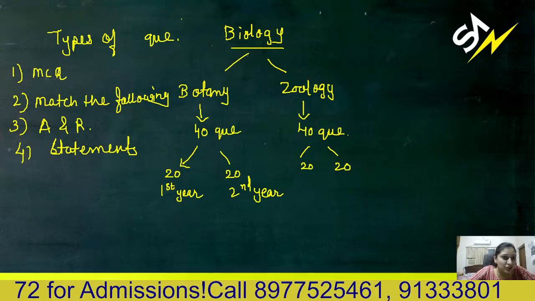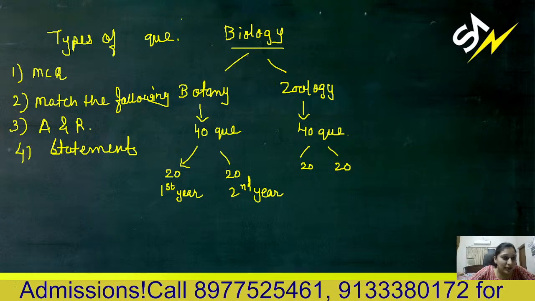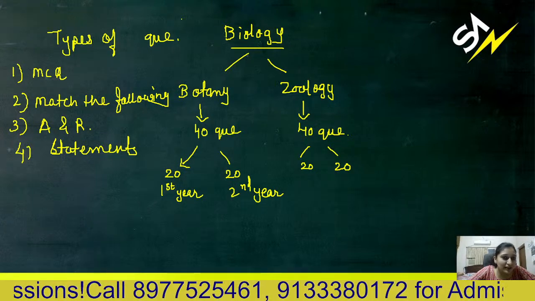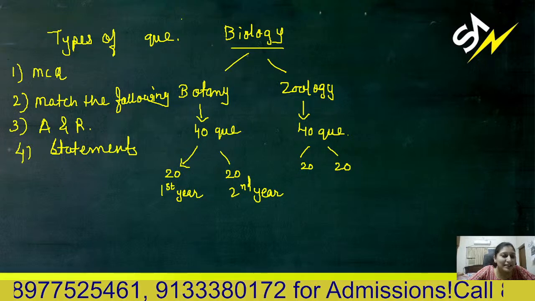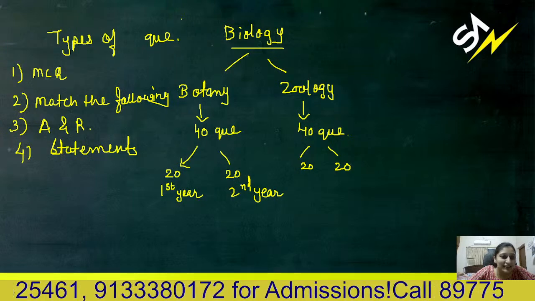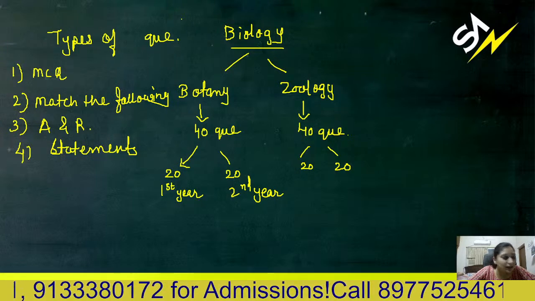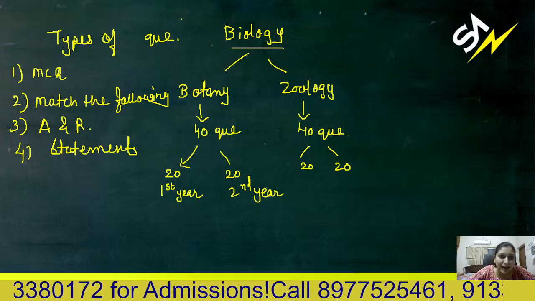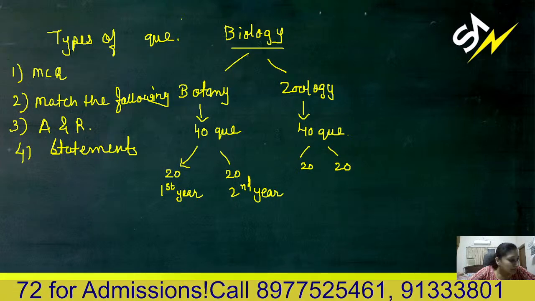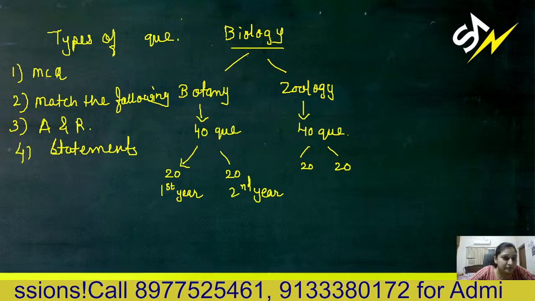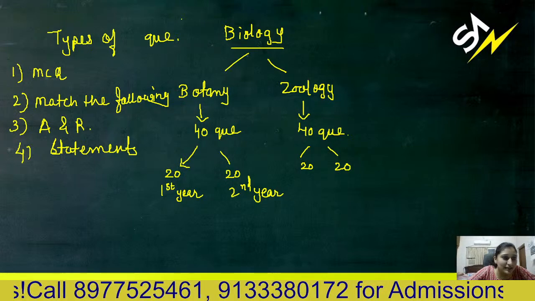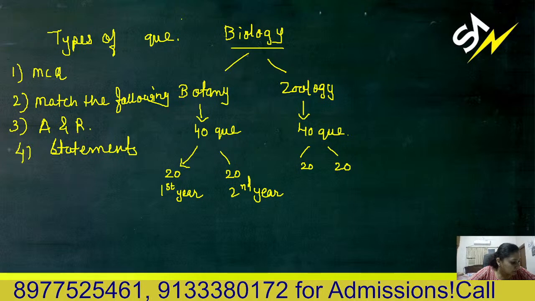So our target should be high, right? If you are preparing for NEET honestly, smartly, hard-working, then I'm sure you will crack EAMCET with a good score. So we are talking about EAMCET by PC, TS EAMCET, Telangana State EAMCET by PC.